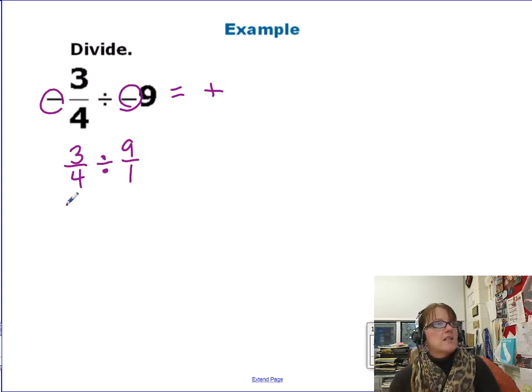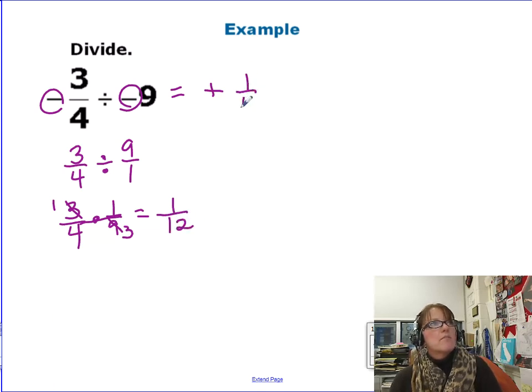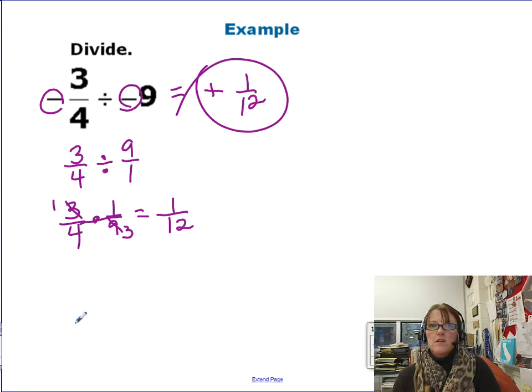Now, I can say dividing is the same as multiplying by the reciprocal. And hot diggity dog, there is a factor of 3 in my numerator and denominator. 1 times 1 is 1. 4 times 3 is 12. My answer is going to be positive 1/12.